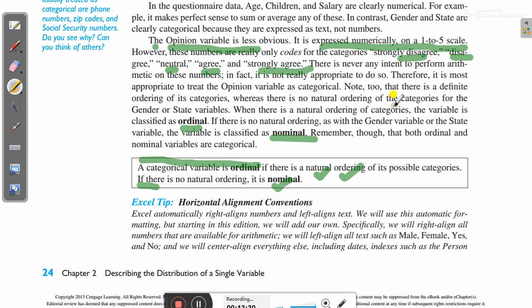But if we talk about natural ordering, that there is definite ordering of its categories, means in gender there might be male and female only. Okay, so that can be ordinal. But if it is not natural then this could be nominal.